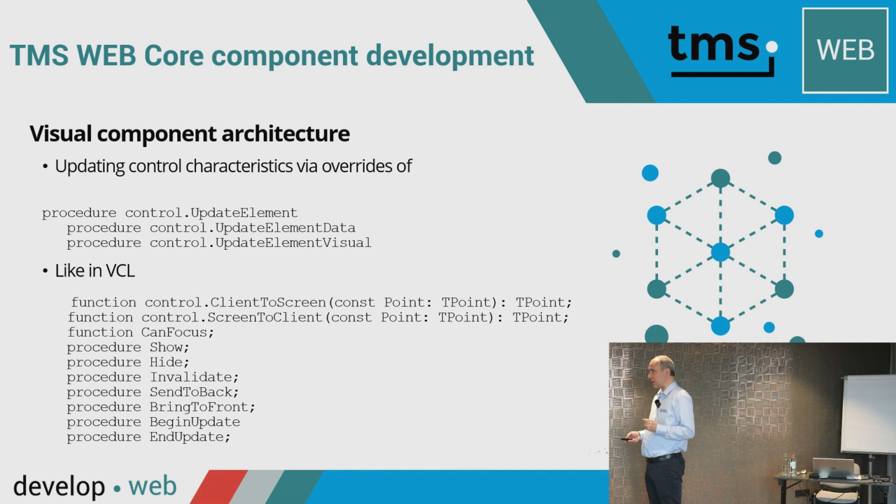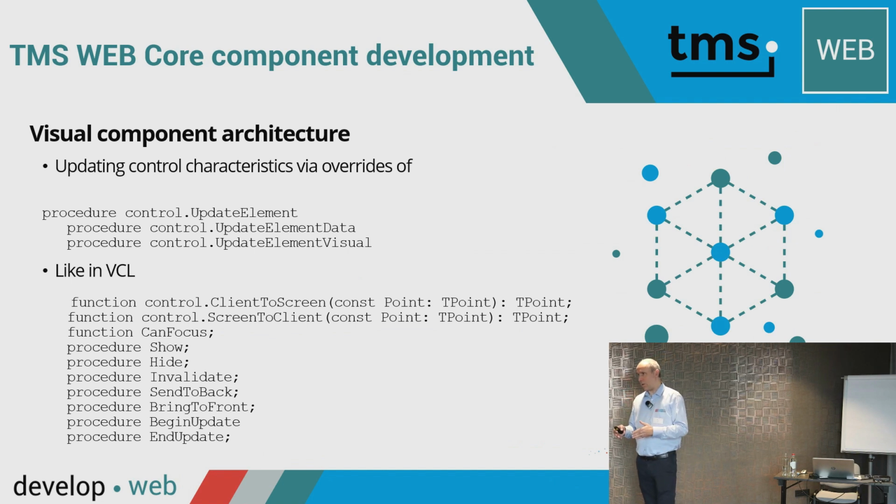Think back about the example of the TWebEdit that wraps around an HTML input element. When the Show method is called, what will it do underlying? It will use the CSS display property. I believe display none will hide it, and display without any setting will show it.